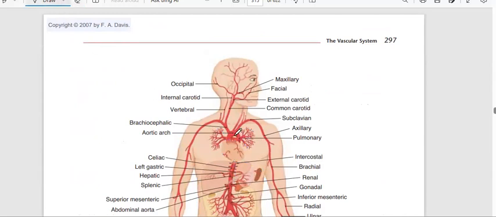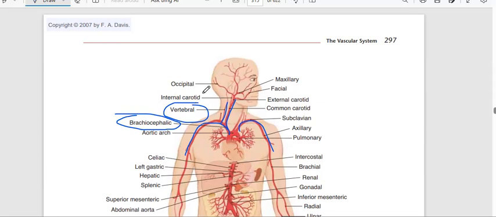Here you are seeing the aorta, and it makes one branch upward, ascending, and one branch here, on two sides, bilateral. This is called the brachiocephalic artery, and it goes upwards. These are the vertebral arteries, going backward to the neck region and occipital region.